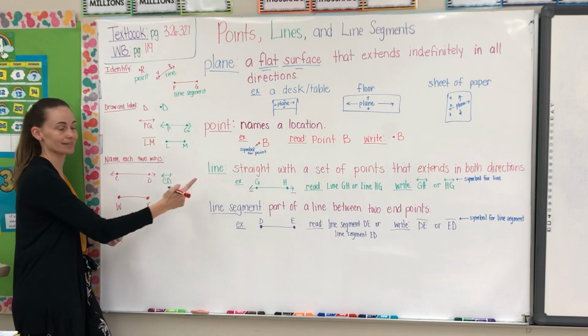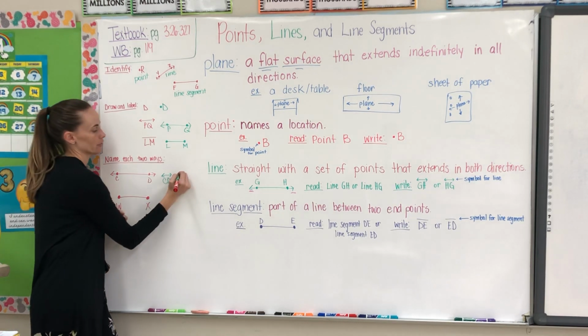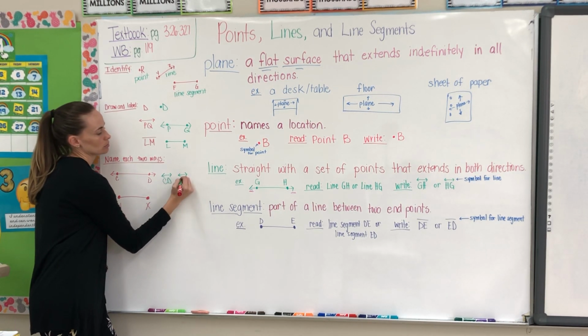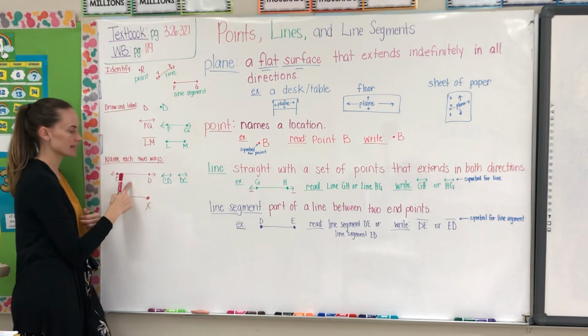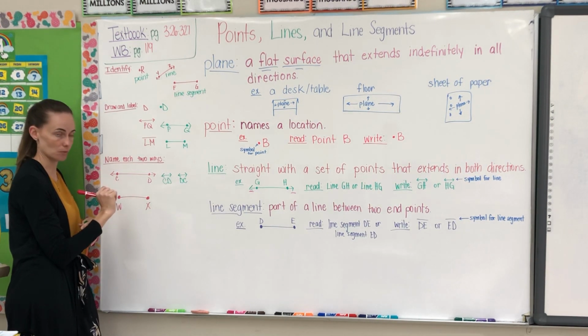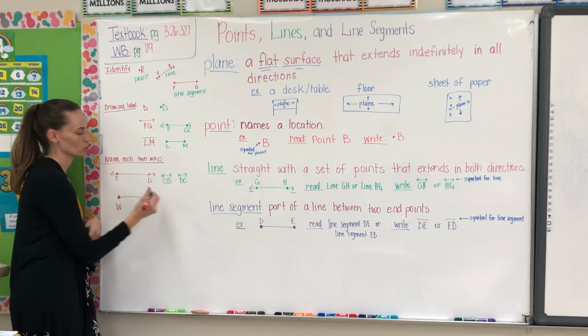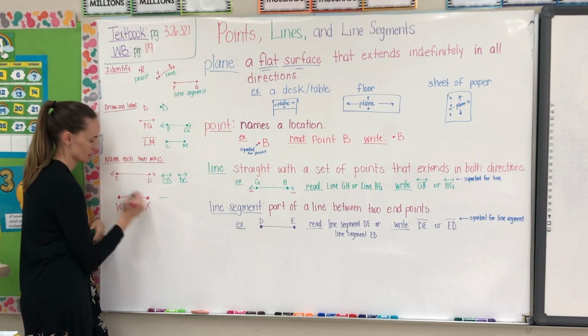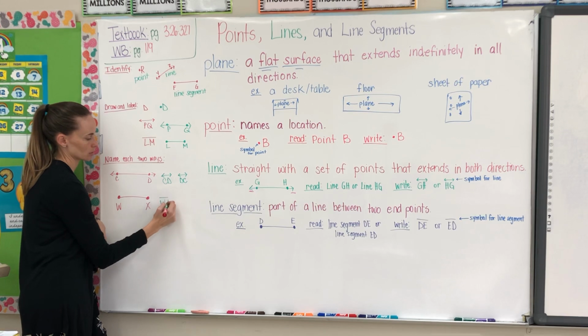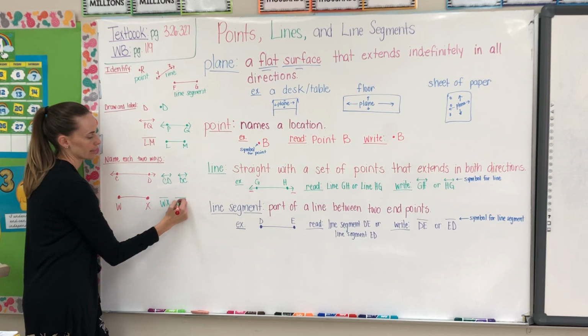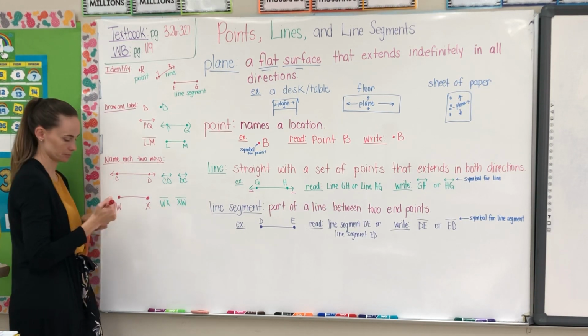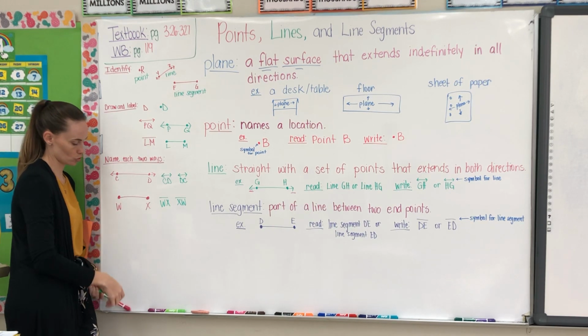As I said, it does not matter the order of the letters. So we could do line DC, and it still stands for the same one. For this one, it does not have any arrows, so it's a line segment, and we do the same, WX or line XW. Okay, so those are the 2 ways.